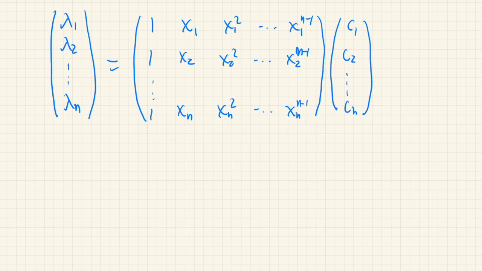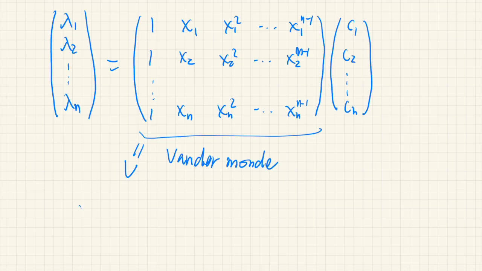Okay, so whether the solution to this equation exists or not depends on whether this matrix is invertible or not. But this matrix is a very well-known matrix called the Vandermonde matrix. So let's call it V, and then the determinant of V is given as this. It's the product over i less than j of xj minus xi.